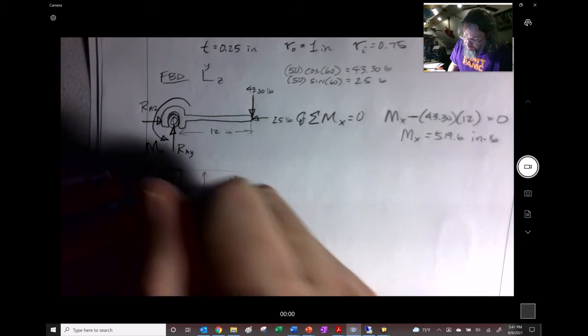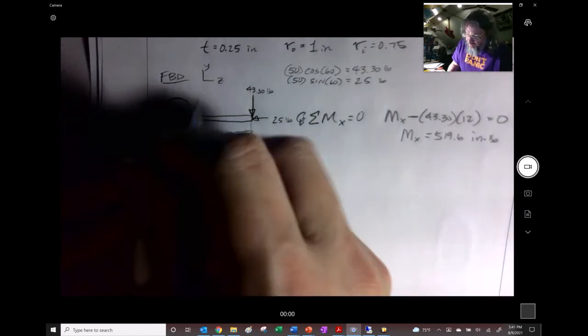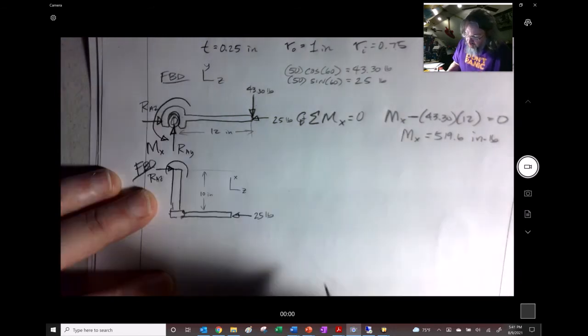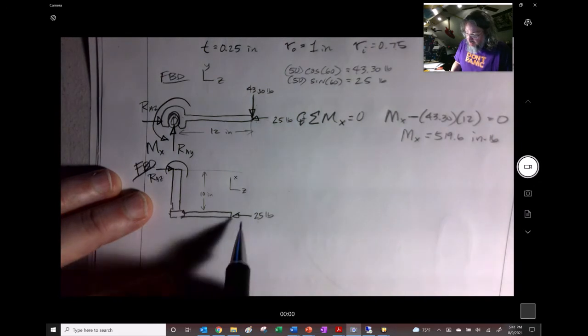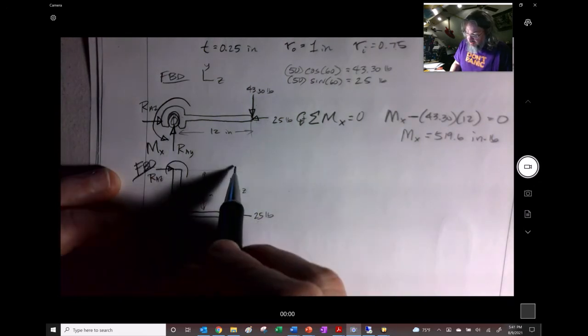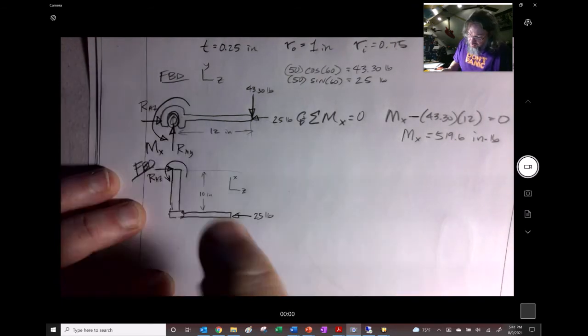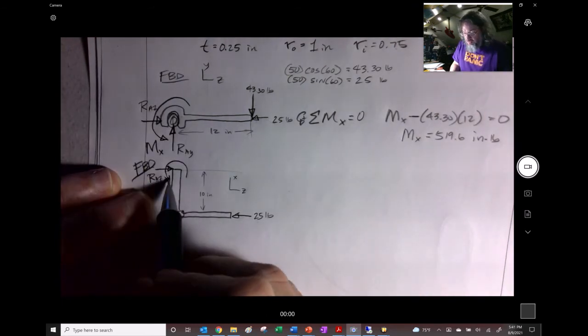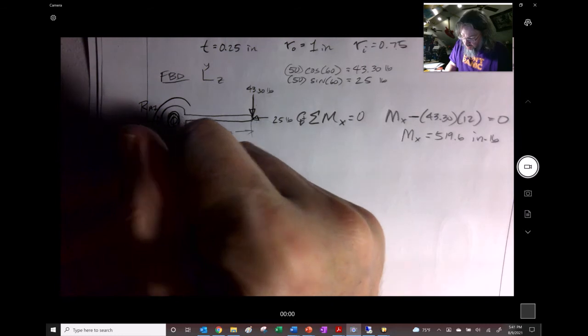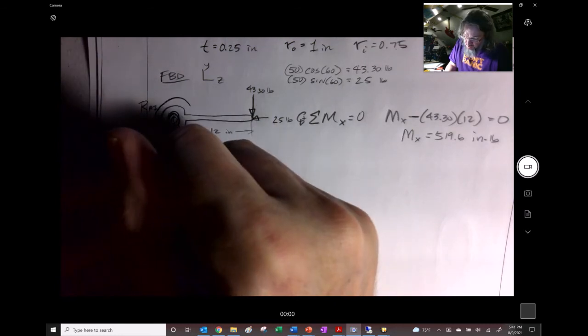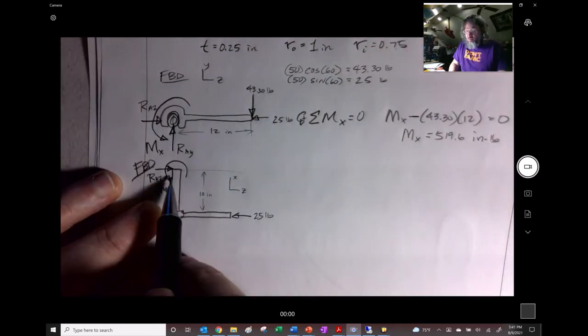So here's our reaction in the Z direction, RAZ, which we know is 25. Here's this moment that's happening right onto there, and this is going clockwise again, so this one must be going counterclockwise. I'll call this MA, and this is Y, that's about the Y axis.